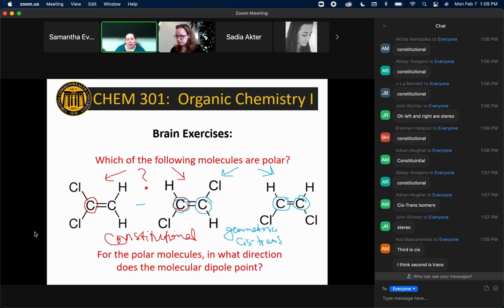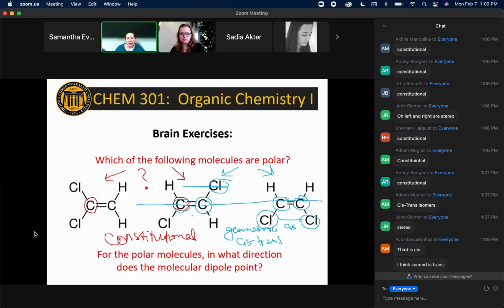draw basically a plane through our hot dog. So on one side of our hot dog, we're going to have substituents, and on the other side of our hot dog, we're going to have substituents, right? And so what we're looking for is a matching pair of substituents, like the chlorines, for example. And if that matching pair is on the same side, then they're cis.